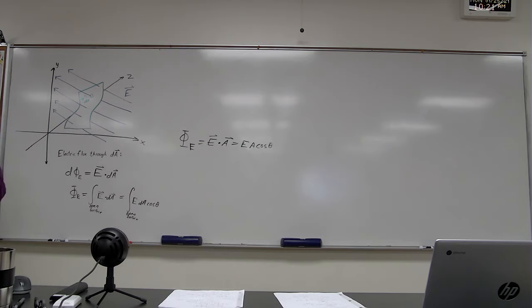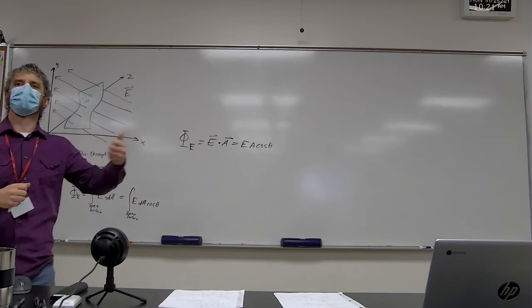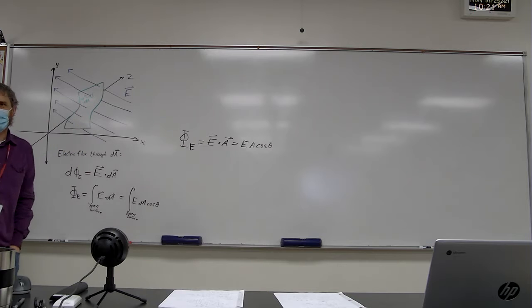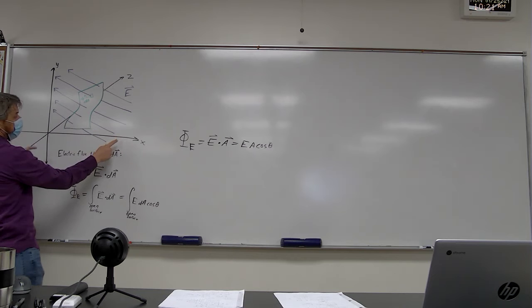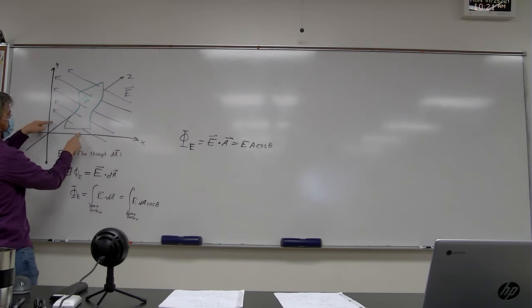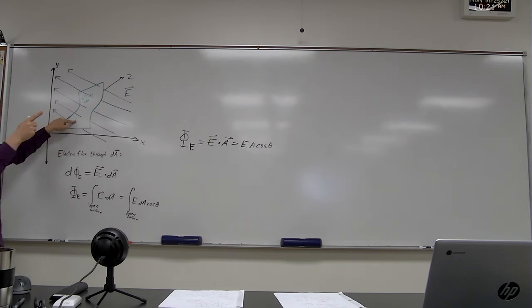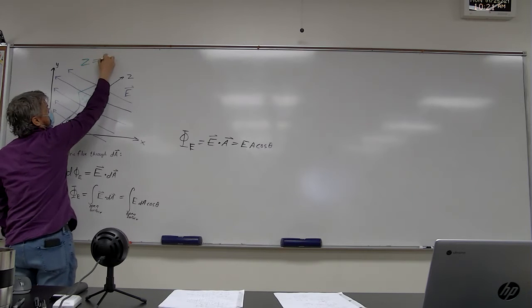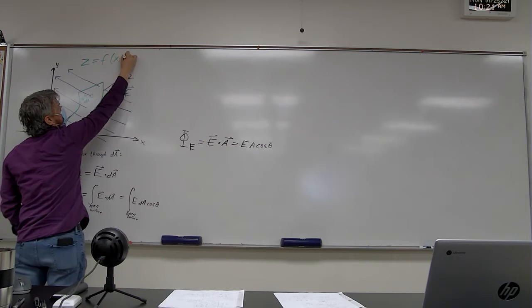I can take an x and a y as the input and get a z coordinate as the output. So we would say in this case, z is a function of not just x, but of y as well.